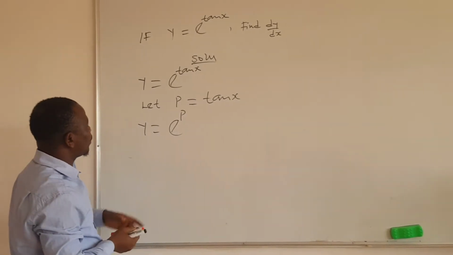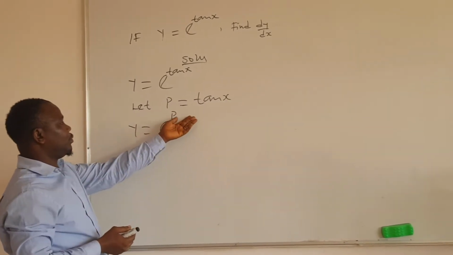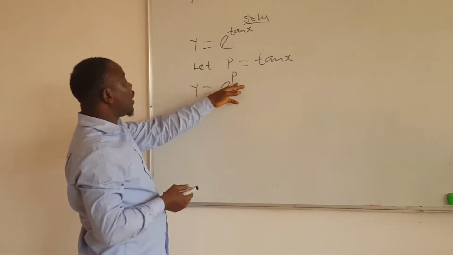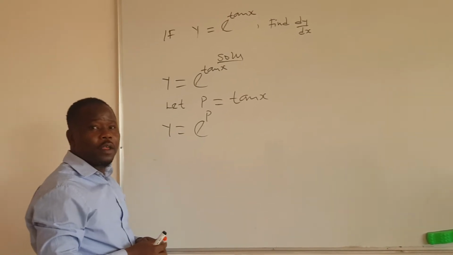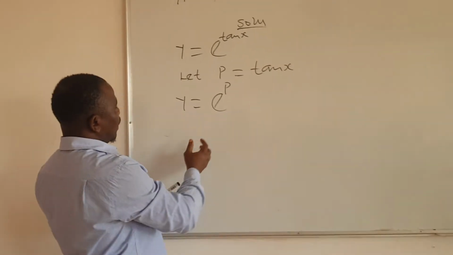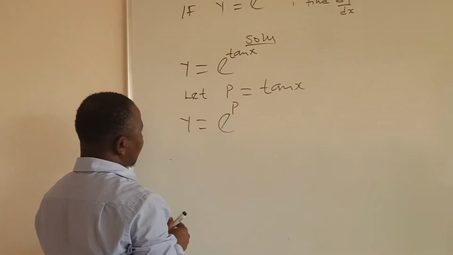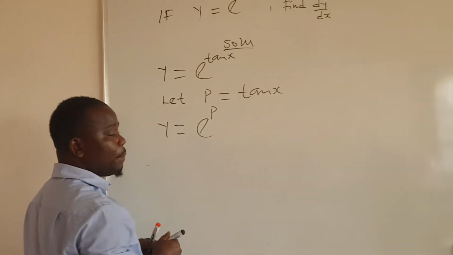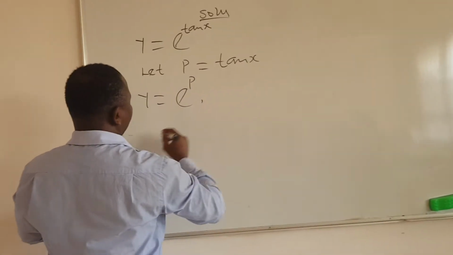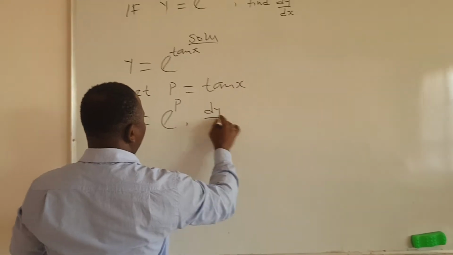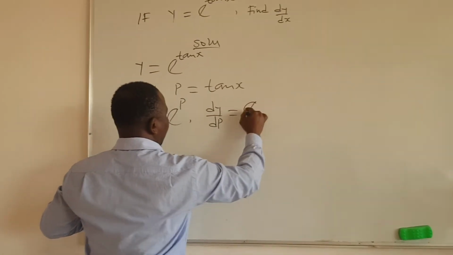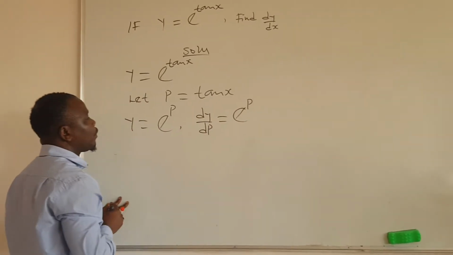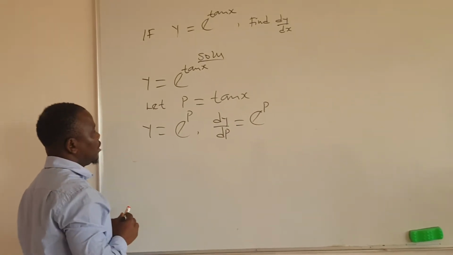Yes, because you are using substitution. So now your y will be e to the power of P. Let us differentiate this function with respect to P. Our dy over dP will still give us back e to the power of P. Is that clear? That is how it is.